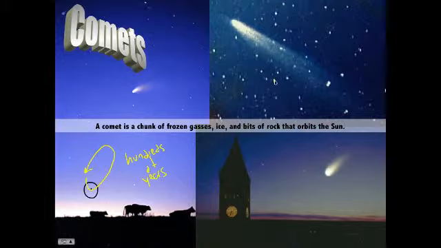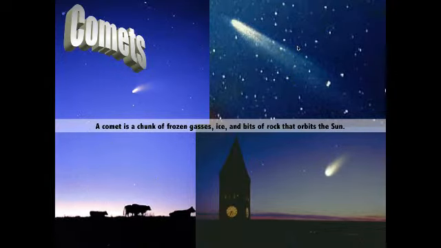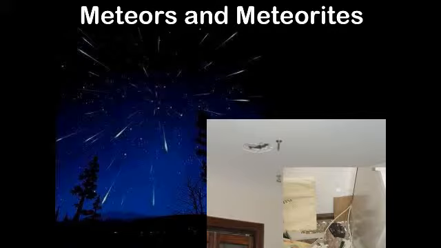But check this out. If Earth in its revolution passes through the tail of the comet, we're going to get little bits of this stuff that burn up in our atmosphere. And here's what it looks like. They produce meteor showers, and that's what this is here. We have a meteor here.